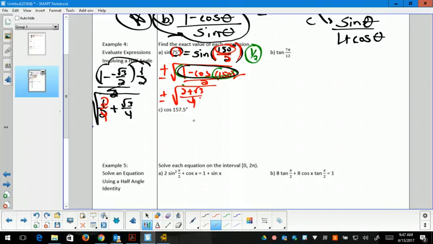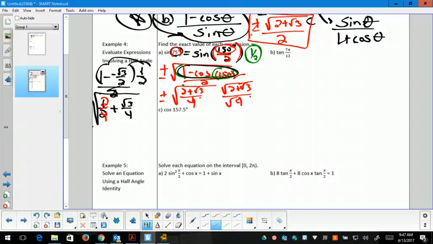And I can split up the numerator and denominator so that I can actually simplify the denominator, the square root of 4, which will be 2. So for sine, I'm going to have plus or minus the square root of 2 plus the square root of 3 all over 2.